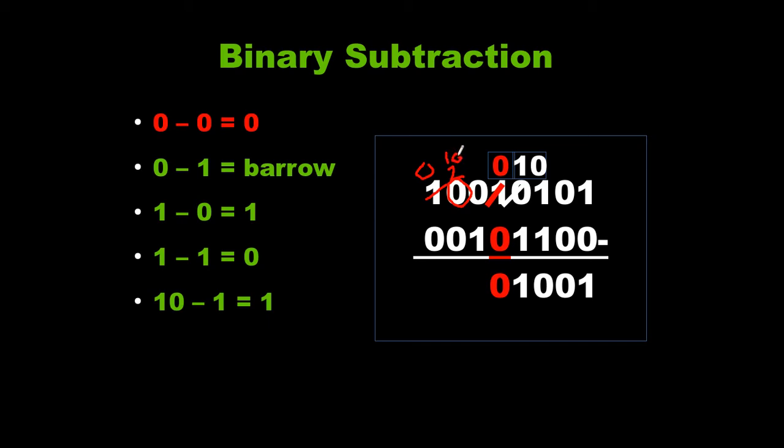And so 10 minus 1 is 1, or 2 minus 1 is 1, and we have 0. Let's see, that's the process. This is our result.